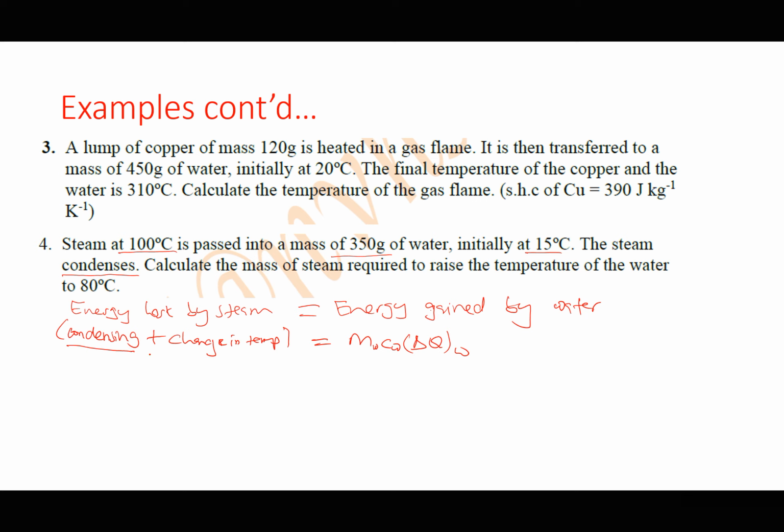The energy used in condensing is given by the expression mass times latent heat of vaporization. So this will be the mass of condensed water times the latent heat of vaporization, plus the mass of the steam water times the specific heat capacity of steam water, times the change in the temperature of the steam.